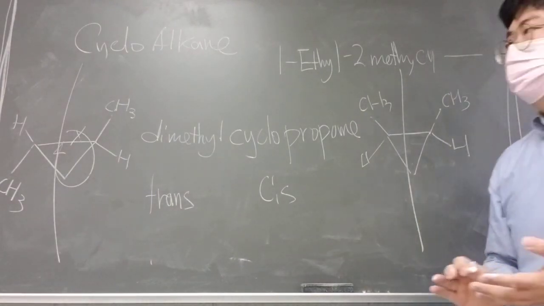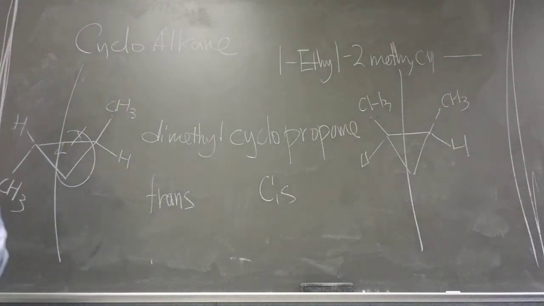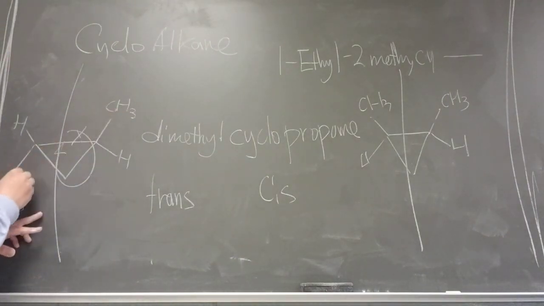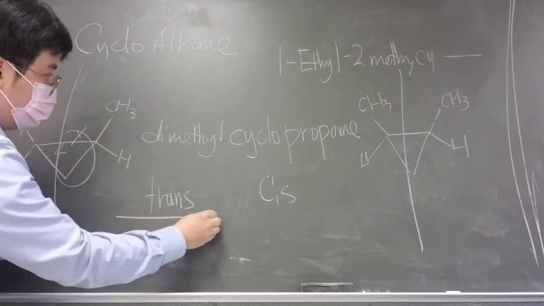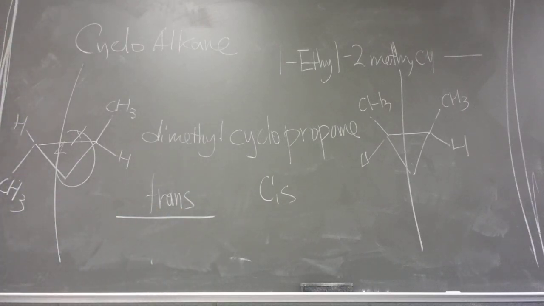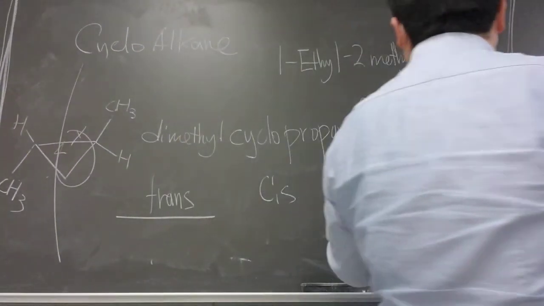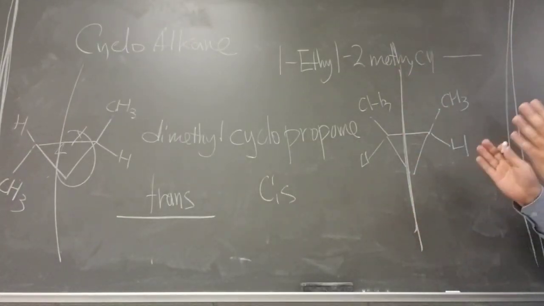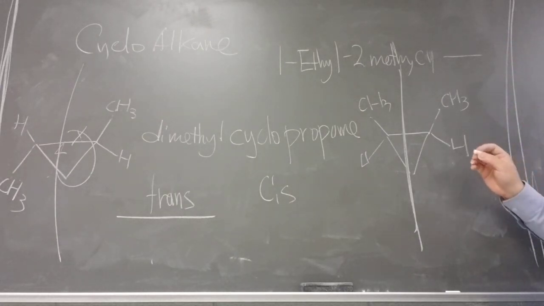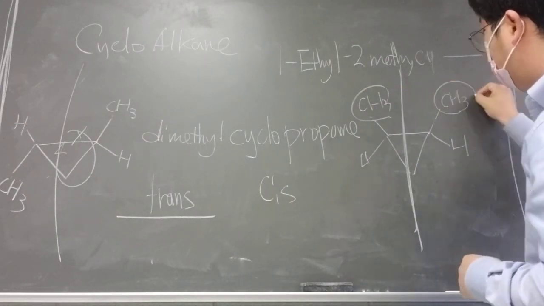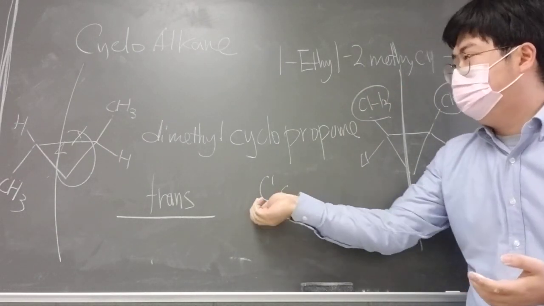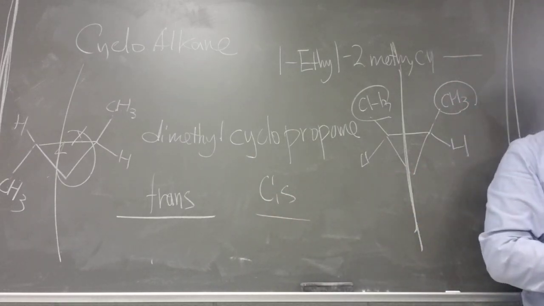If the methyl groups are on opposite sides, we call this trans-dimethylcyclopropane. But if they are on the same side, here and here, we call this cis-dimethylcyclopropane.